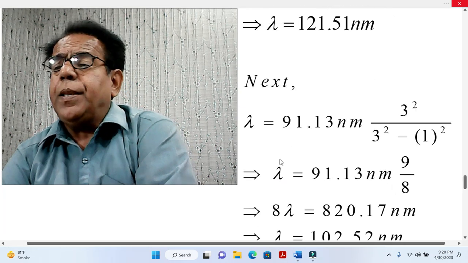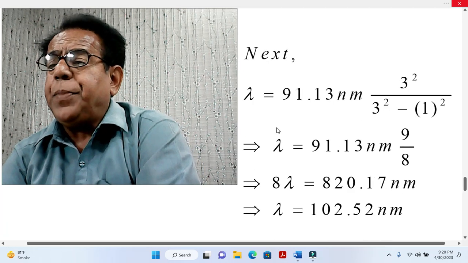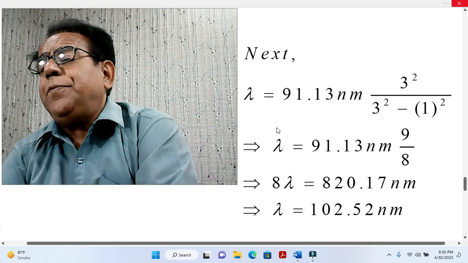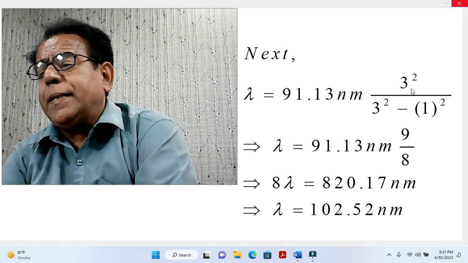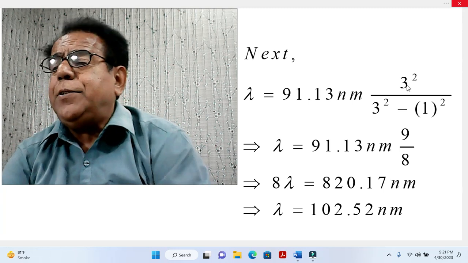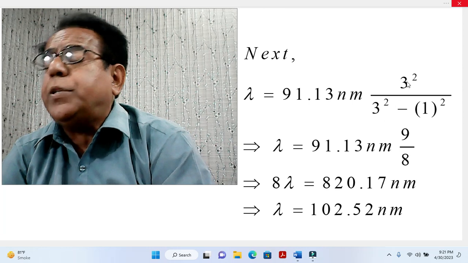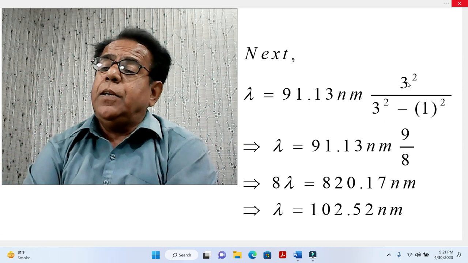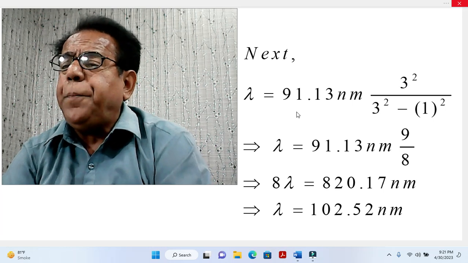Next, again we are using the same equation number 1, and here n naught is same, 1, but in the previous case we had used n equal to 2, but here we are using n equal to 3. Similarly in the next case we will use n equal to 4.